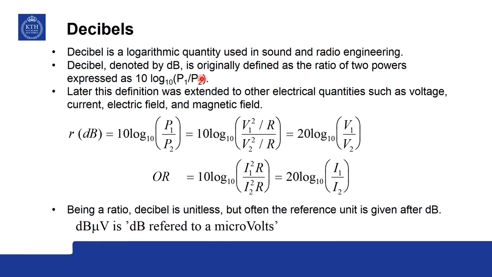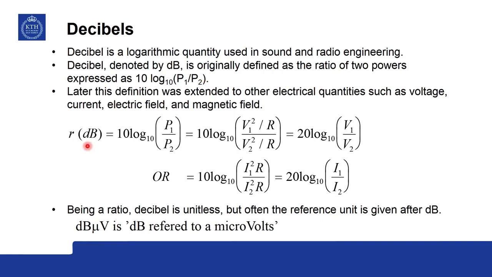If you want to express it in equal divisions, you need so many divisions. But if you express it logarithmically, in 10 divisions you can express 10 to the power of 1, 10 to the power of 2, 10 to the power of 3, like that. Then you multiply by 10, arbitrarily, it is defined like that.